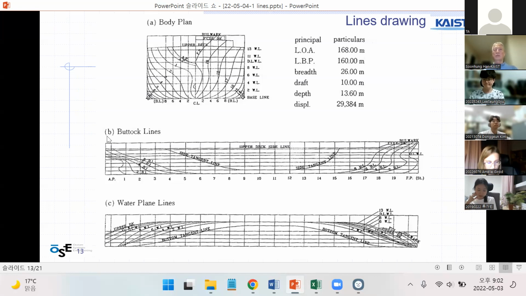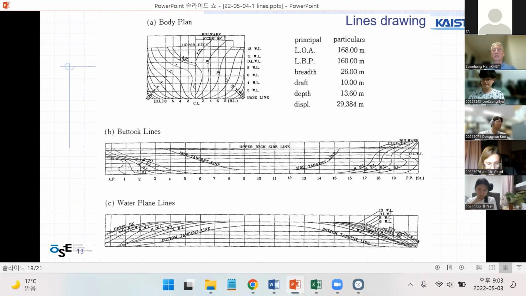So you need to divide this LBP into 20 portions of stations between AP and FP. We call this LBP, length between perpendiculars. The division of stations is made by dividing this LBP into 20 parts, and each one has sectional dimensions like this one.